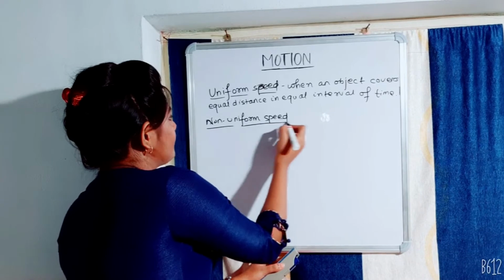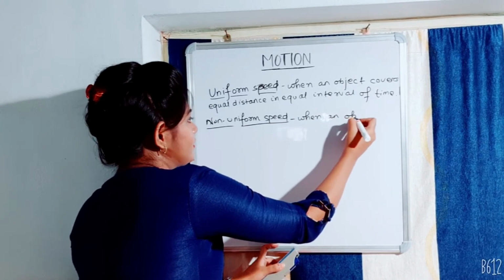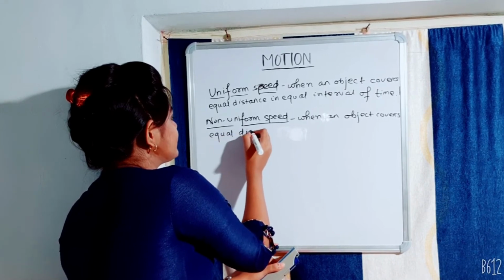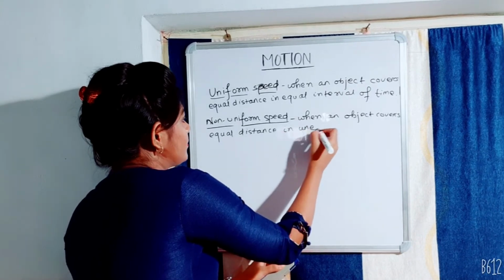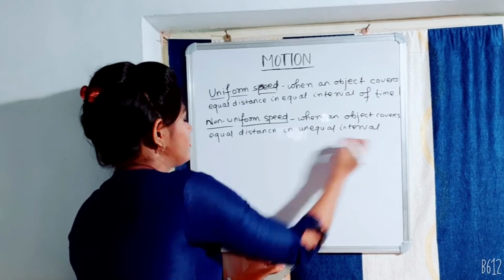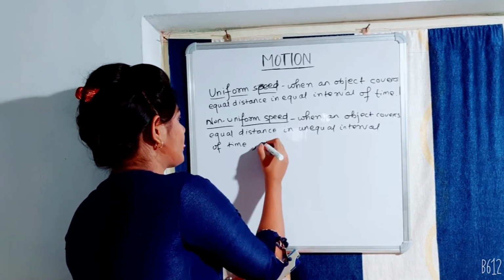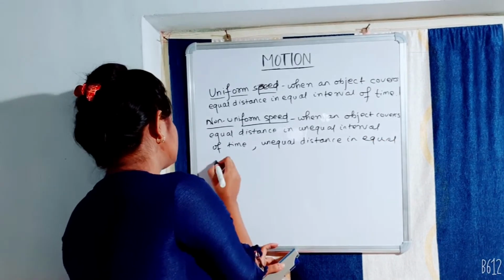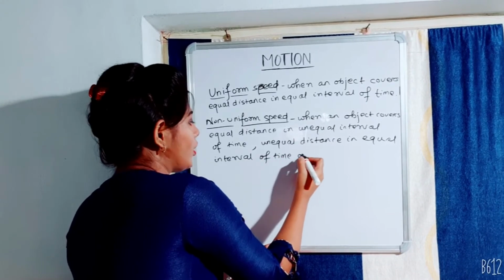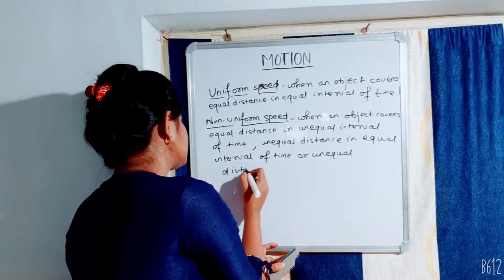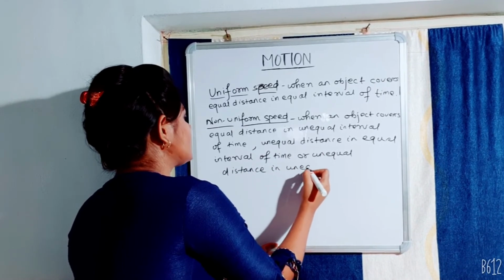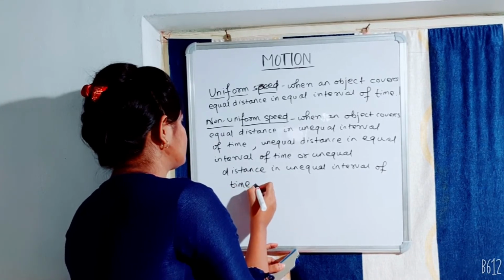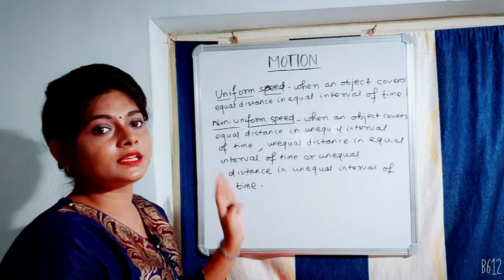Non-uniform speed, which is when an object covers equal distance in unequal interval of time, unequal distance in equal interval of time, or unequal distance in unequal interval of time. So this is uniform speed and this is non-uniform speed.